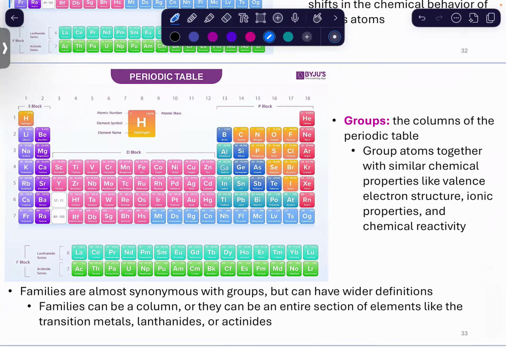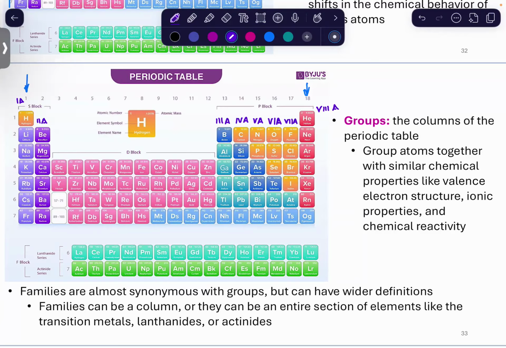Groups, of course, are going to be your individual columns. Here you see you have columns 1 through 18. Sometimes you're going to come across a periodic table that does 1A, 2A, 3A, 4A, 5A, 6A, 7A, and 8A.